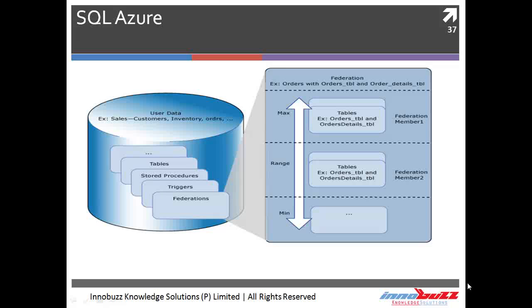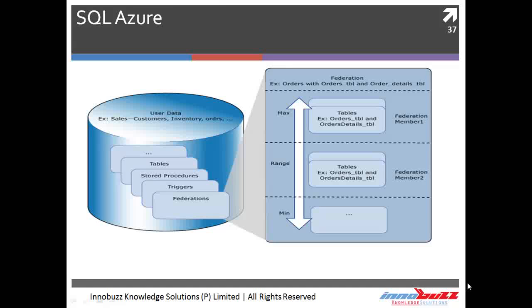Client applications can continue accessing data during repartitioning operations with no interruption in service. Within a federation architecture, a federation is a collection of database partitions that are defined by a federation distribution scheme, known as the federation scheme.